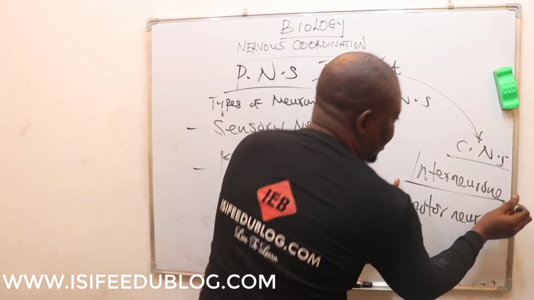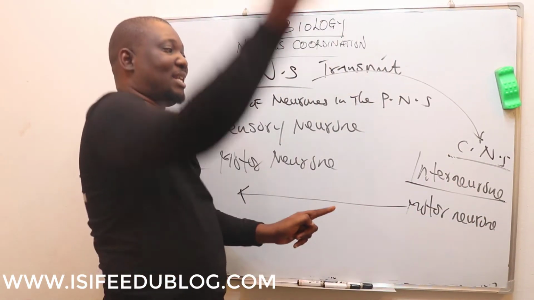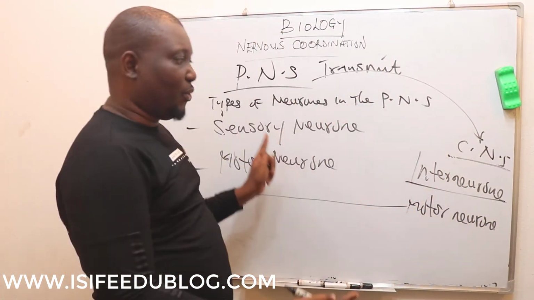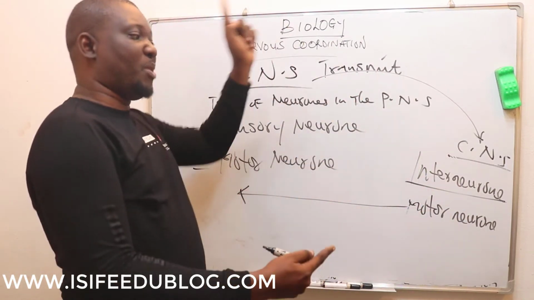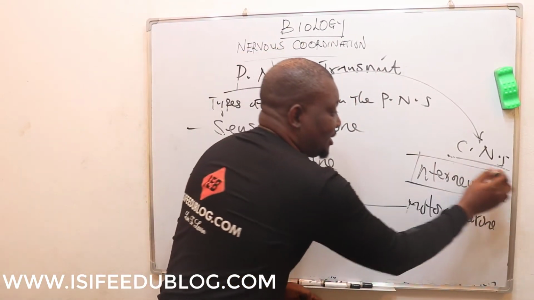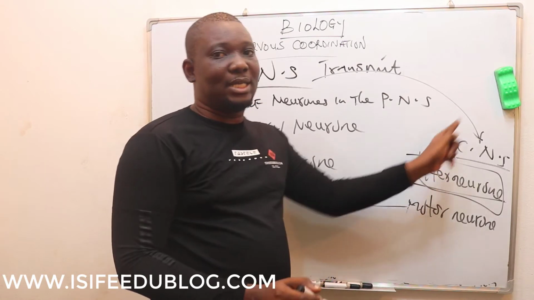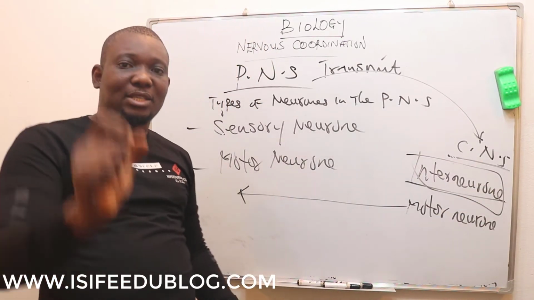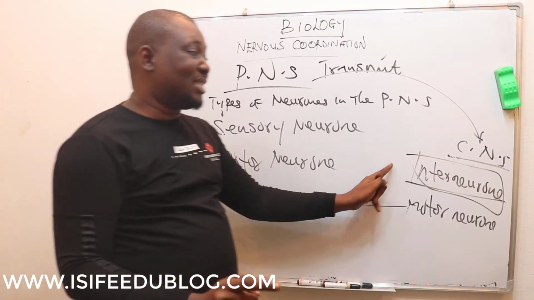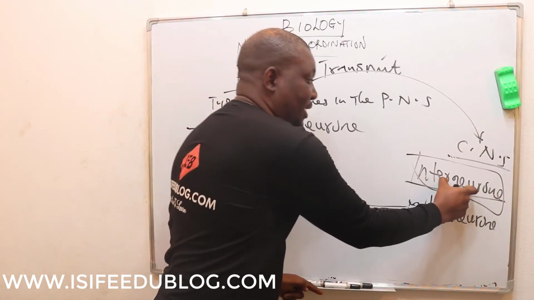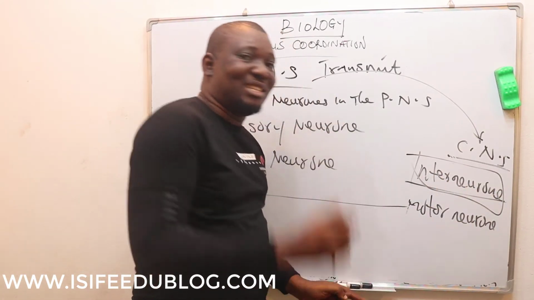Then we have the interneuron, which is located only at the CNS. That one doesn't move from the CNS to the PNS or from the PNS to the CNS, it remains only at the CNS. That's why we say the CNS comprises one neuron, the interneuron.